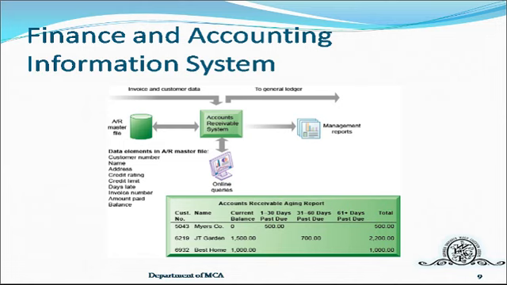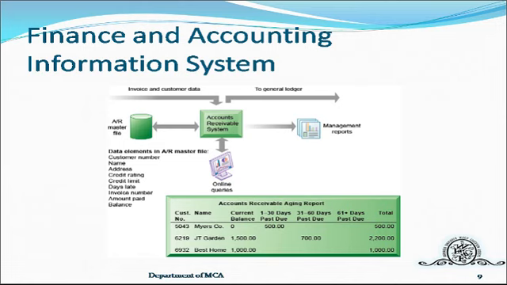Now in the screen you can see the finance and accounting information system. At the center there is accounts receivable system. It stores the output and input. It takes the input from the master file that is related to the accounts receivable.